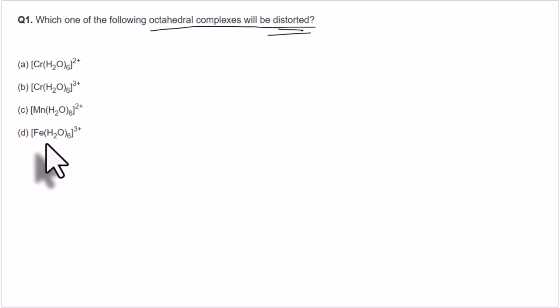All have 6 aqua ligands, and that's why these are all octahedral complexes. Then we have chromium plus 2, then chromium plus 3, and option C has manganese plus 2 and iron. Option D has iron plus 3. Let us check these four one by one.